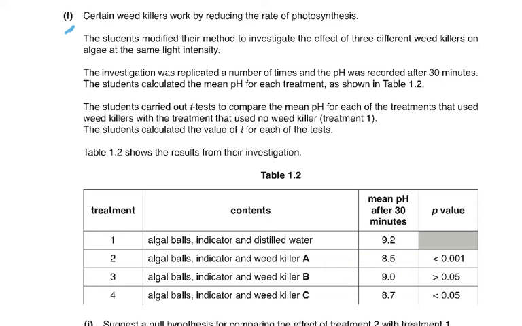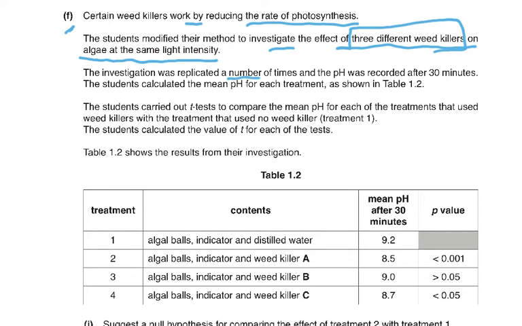In part F of the question, certain weed killers work by reducing the rate of photosynthesis. Now this is something totally different from the previous part of the question. The student modified their method to investigate the effect of 3 different weed killers on algae at the same light intensity. The investigation was replicated a number of times, and the pH was recorded after 30 minutes.